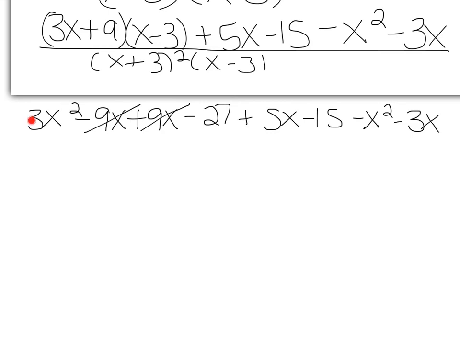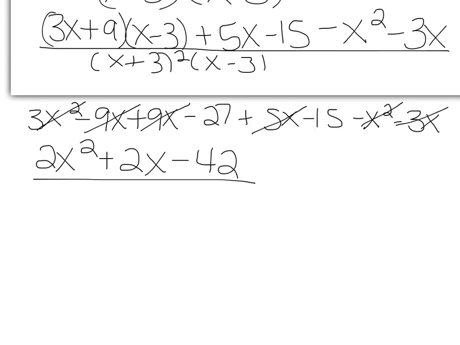We've got 3x squared minus x squared is 2x squared. Then the negative 9x plus 9x cancel each other out. So you've got 5x minus 3x is 2x. And then you've got negative 27 minus 15, which is what? Negative 42. All over x plus 3 squared times x minus 3.